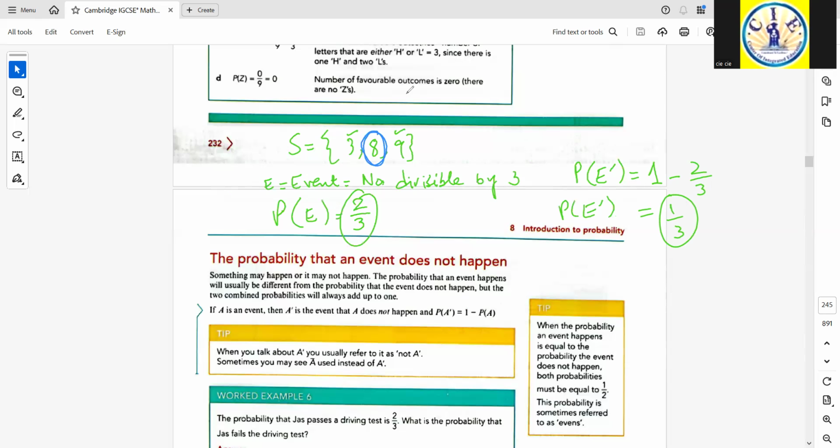So if I have got this probability, when I subtract this from 1, I can get this one. Or vice versa, if I've got this probability, subtracting this from 1, I can get the probability of the numbers which are divisible by 3.